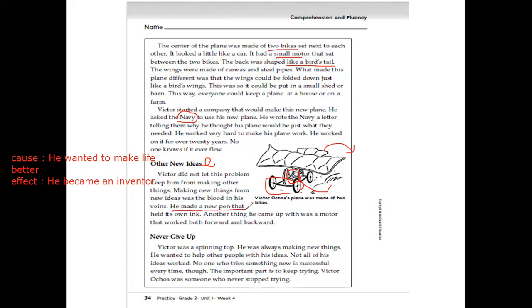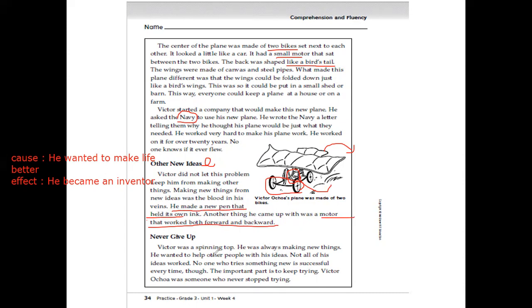He made a new pen that held its own ink. Another thing he came up with was a motor that worked both forward and backward. So he invented a flying machine, a new pen that held its own ink, and a motor that worked both forward and backward.